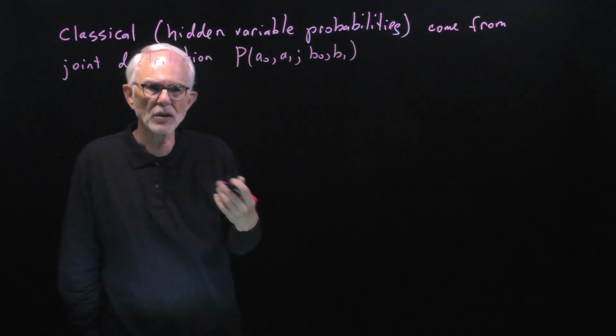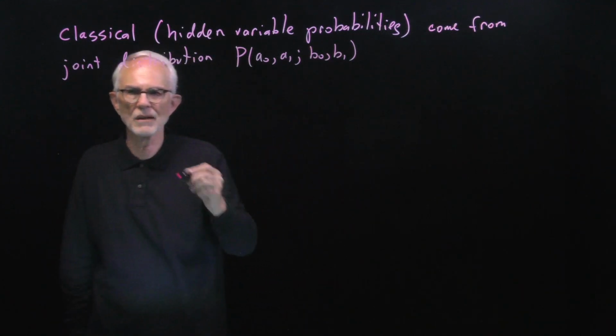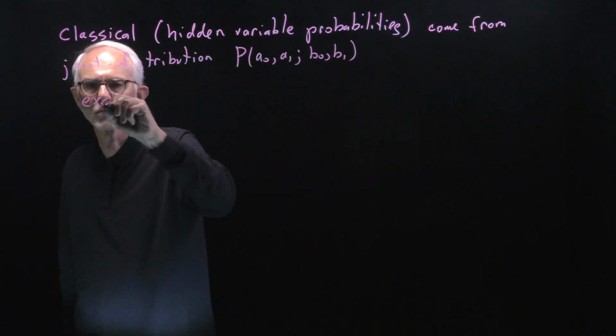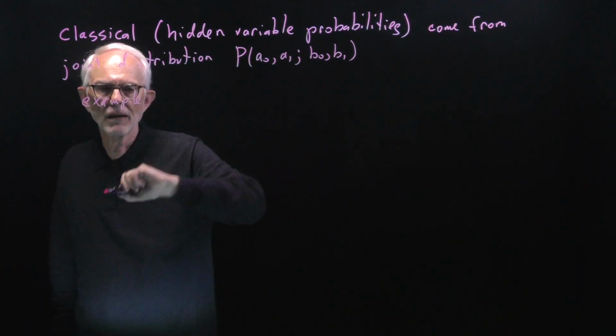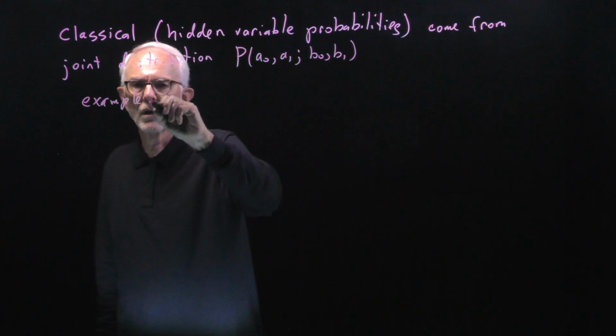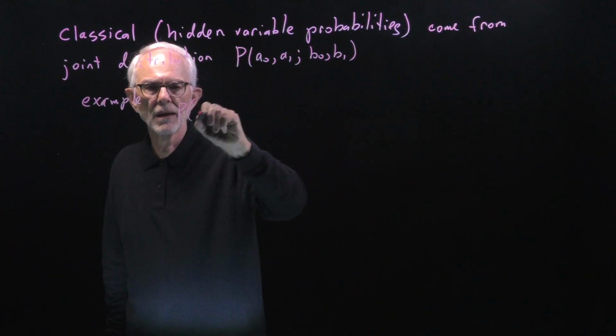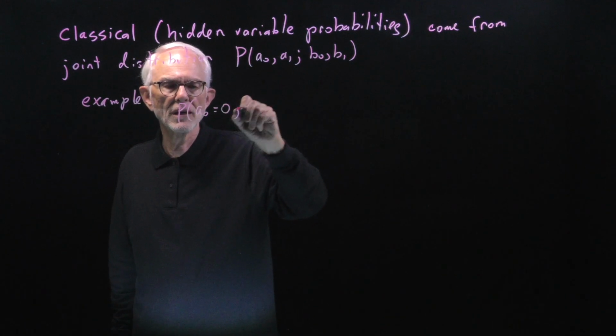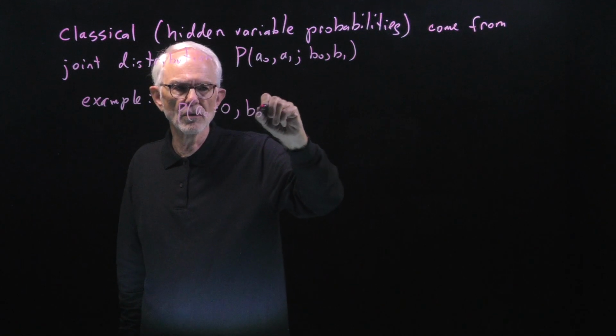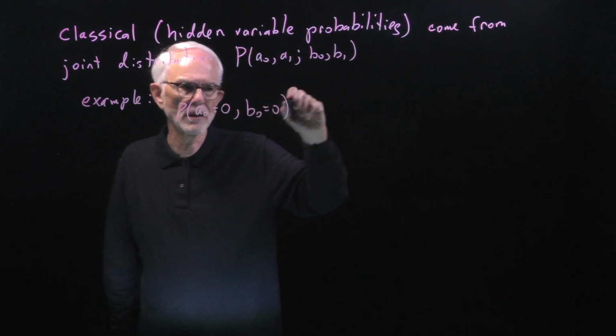So let's calculate one of them just as an example. Suppose we want to calculate P(A0 = 0 and B0 = 0). So what's that going to be?